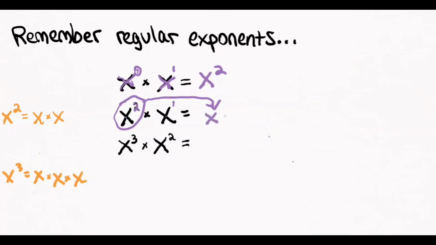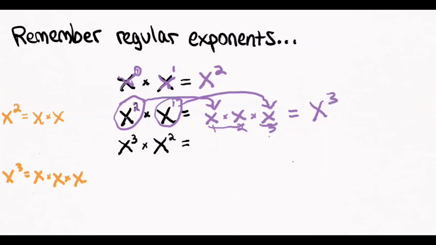It's saying x times x. And then this x to the power of 1 is saying times another x. So x times x, which is x to the power of 2, times x, which is x to the power of 1, is 1, 2, 3 x's. So that's x to the third.